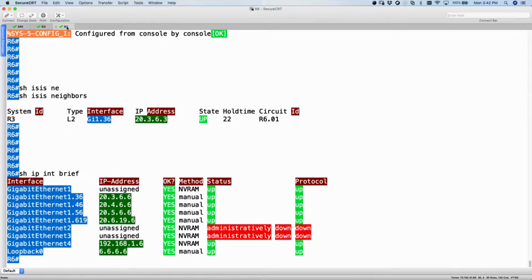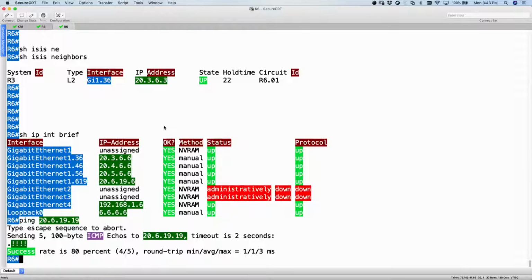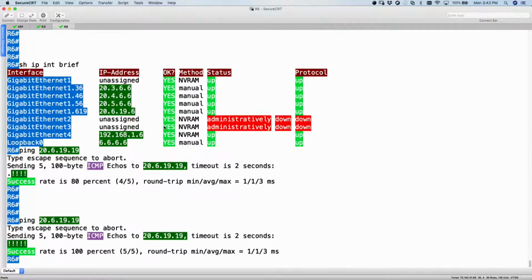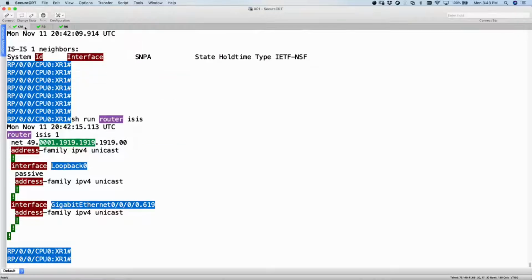Let's verify our connectivity first. So ping 20.6.19.19. So I do have back-to-back connectivity. Let's see why ISIS hasn't been activated.